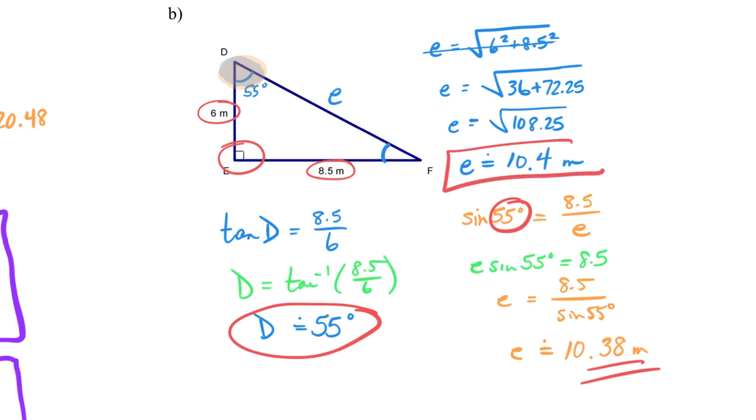Notice when we found E using the Pythagorean theorem, that was as exact as we could be. All the information we used in there was exact. That is the outcome of using rounded information. So I want you to be conscious of that. Use exact information. Use the given information as much as you can to solve for things.